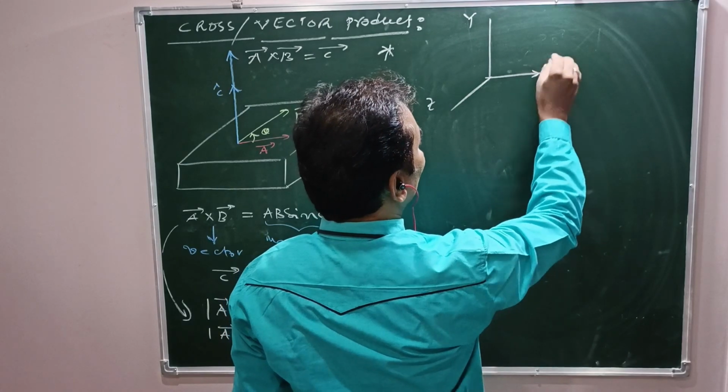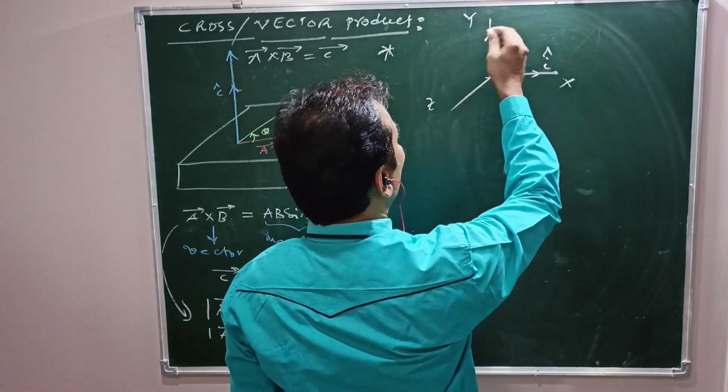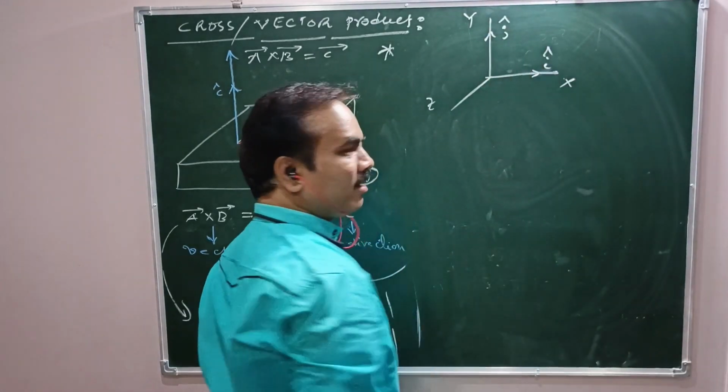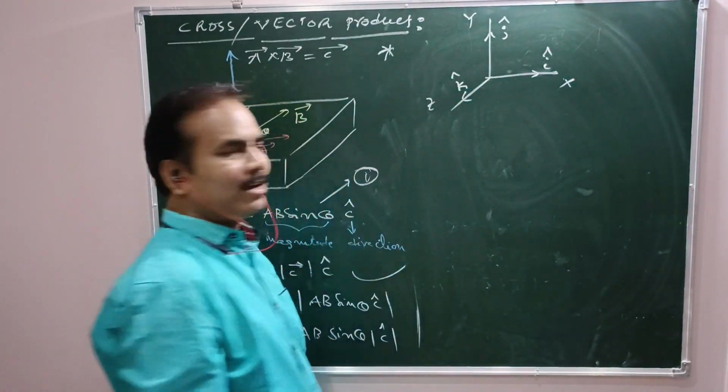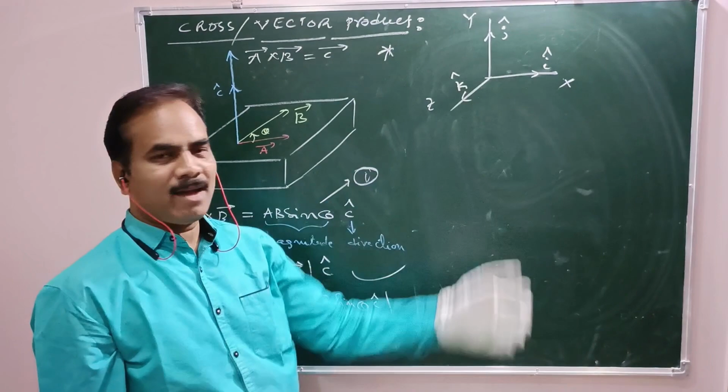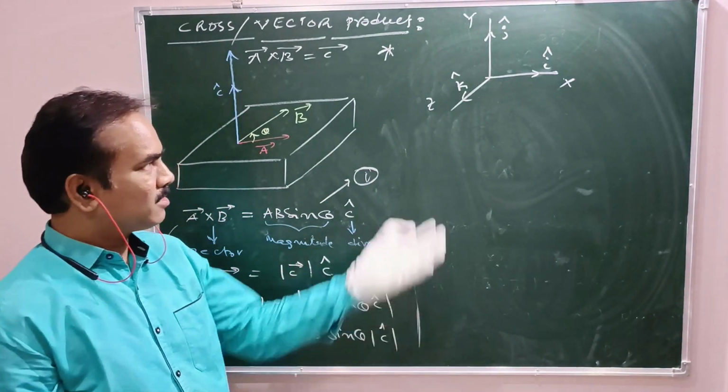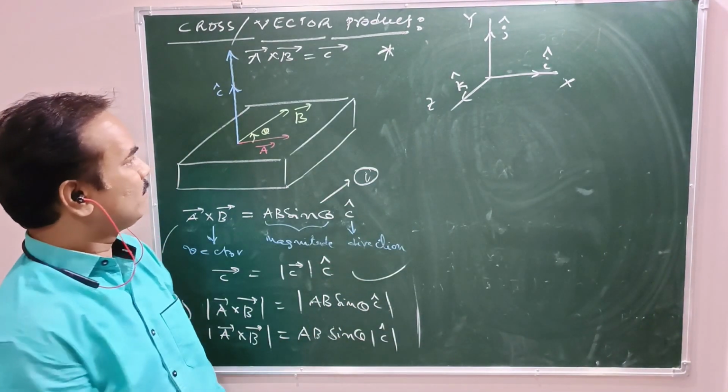Along x, I cap is the unit vector. Along y, J cap is the unit vector. Along z, K cap is the unit vector. I cap, J cap, K cap are the unit vectors in respective directions.